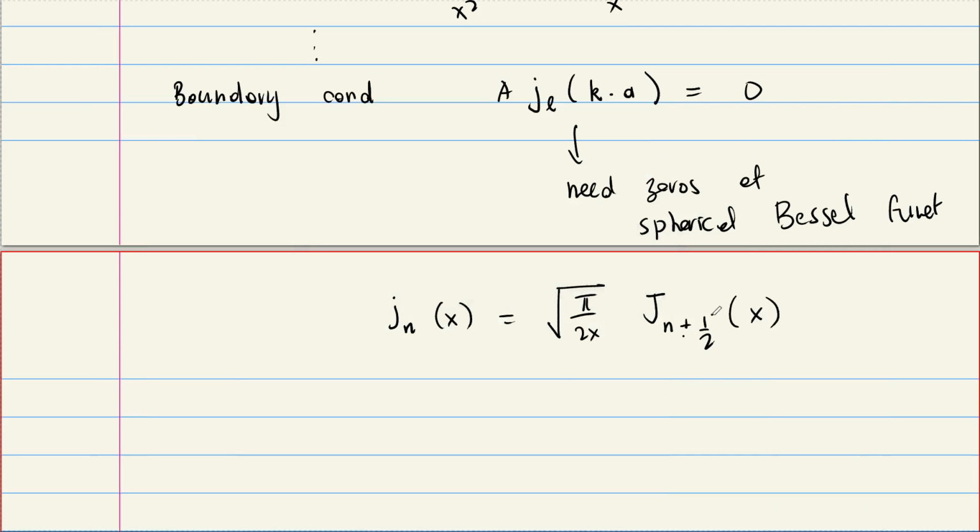So now I want to do the following. Suppose the zero of Bessel function is some beta_nL, the nth zero of the Lth Bessel function, right?